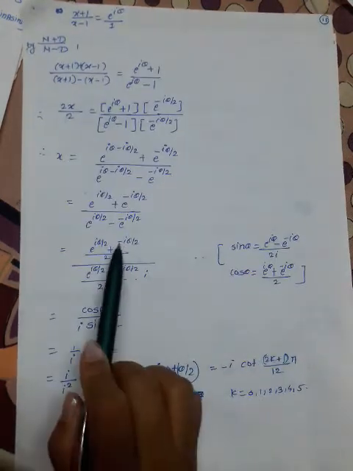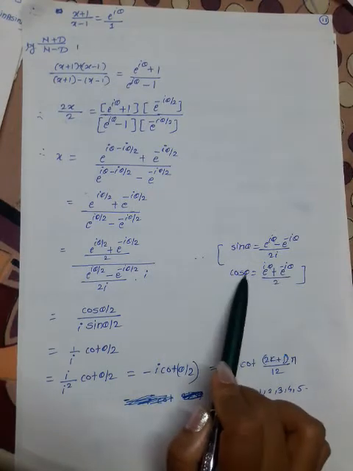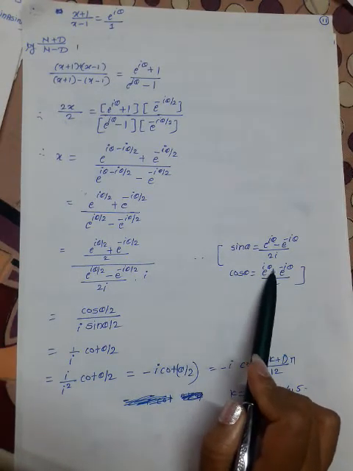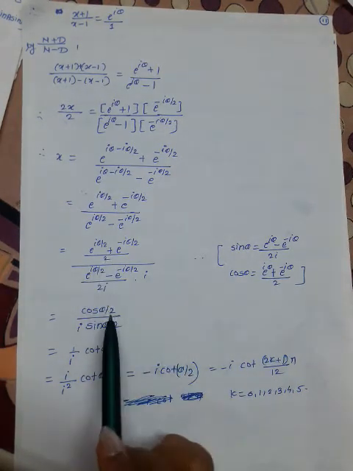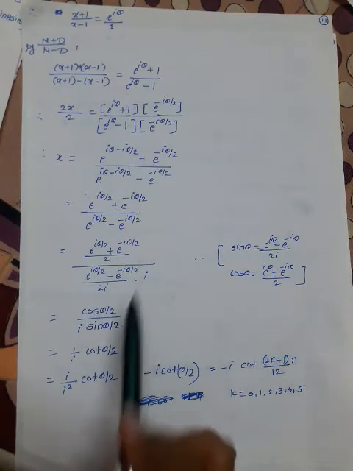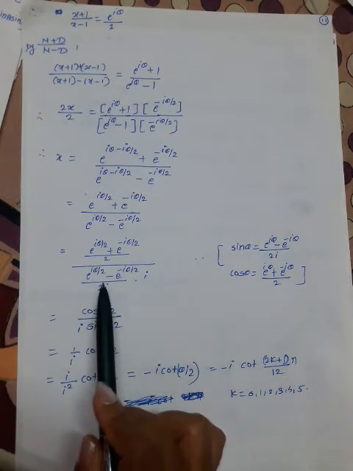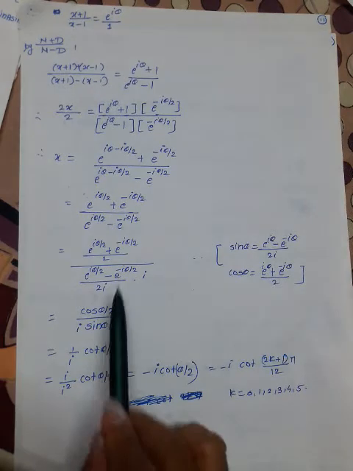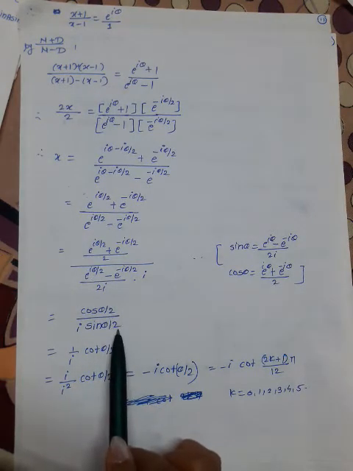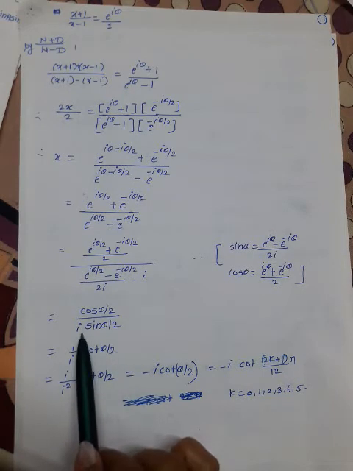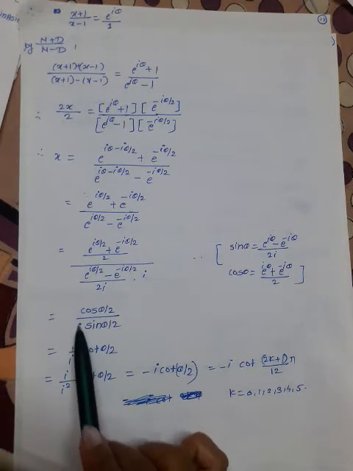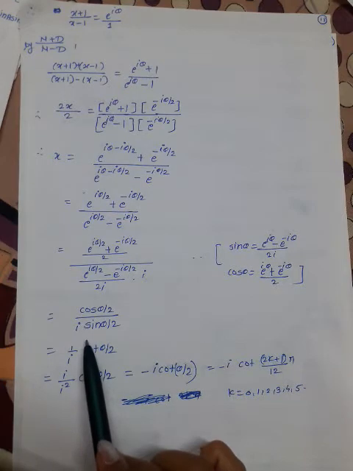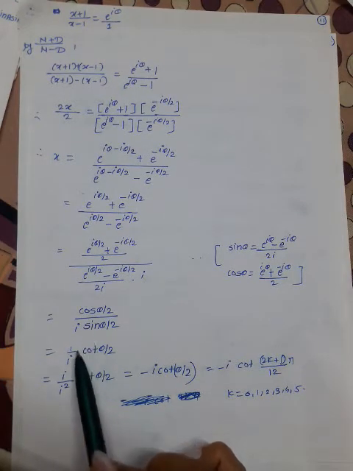Now the numerator becomes cos, where the angle is the coefficient of i, that is theta by 2, divided by i times sin, where the angle is theta by 2. If i comes in the denominator, we have to make it in the numerator; for that, multiply and divide numerator and denominator by i.